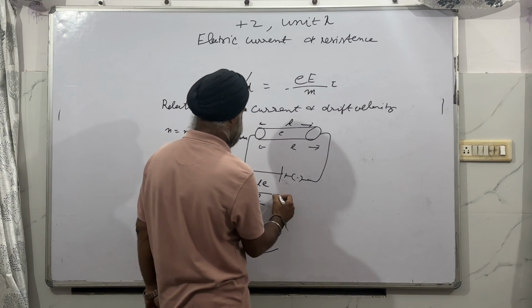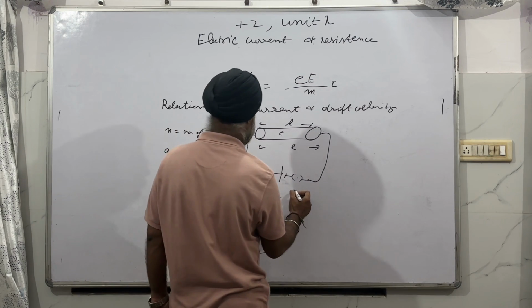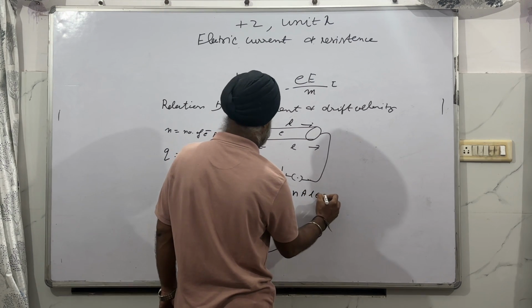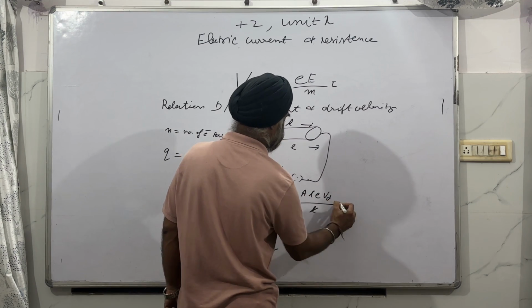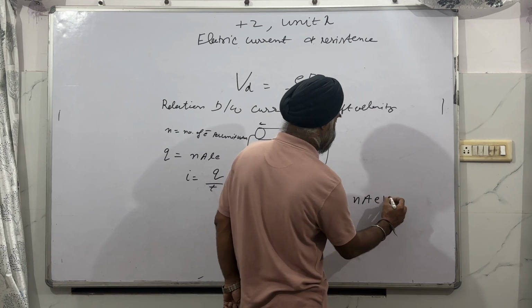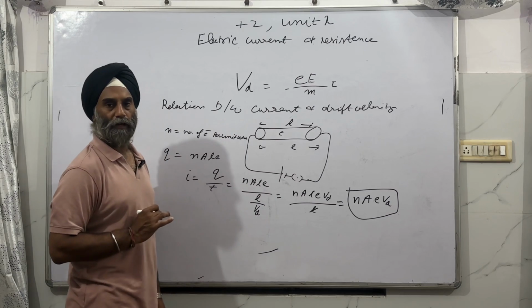Now I is equal to nALe upon L by Vd, that is nALe Vd upon L. L से L cancel हो गया, I की value आ गई हमारे पास: I is equal to nAeVd. This is the value of the current in terms of drift velocity.